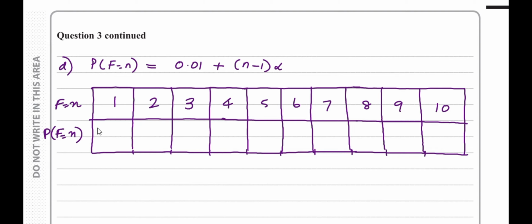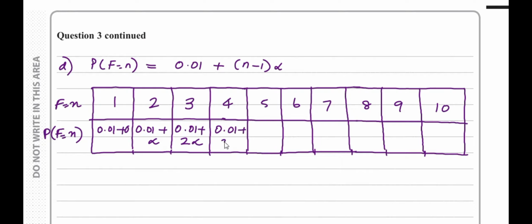As per the model, the probability of the dart hitting the target on the first throw itself is 0.01 plus n minus 1, which is 1 minus 1, that is 0 times alpha, so 0. For the second one, it will be 0.01 plus 2 minus 1 alpha, that is 1 alpha, and so on. 0.01 plus 3 minus 1 will be 2 alpha. So it will be like an arithmetic progression.